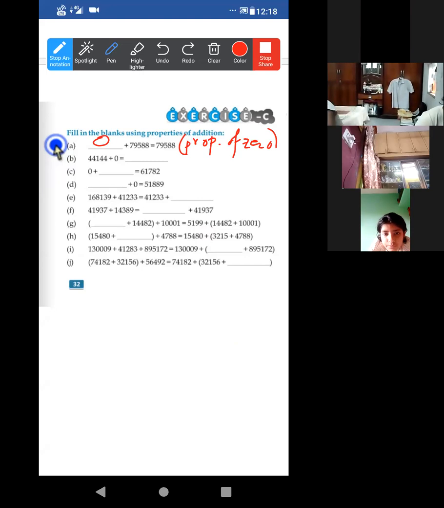Okay, now the second one. The second one is also property of 0, right? Look, it is given: 44,144 plus 0. We are adding, then the answer will remain the same, 44,144. Yes, we will get that number back.